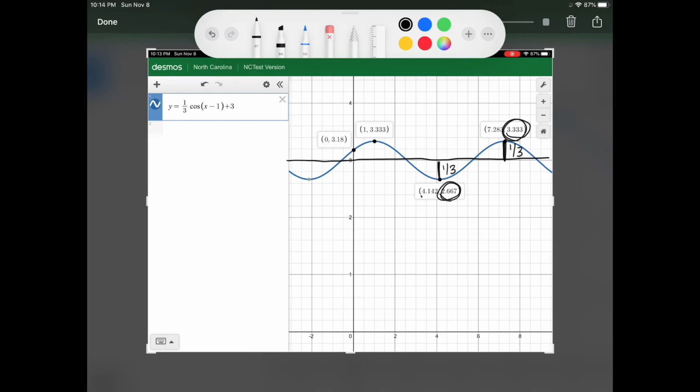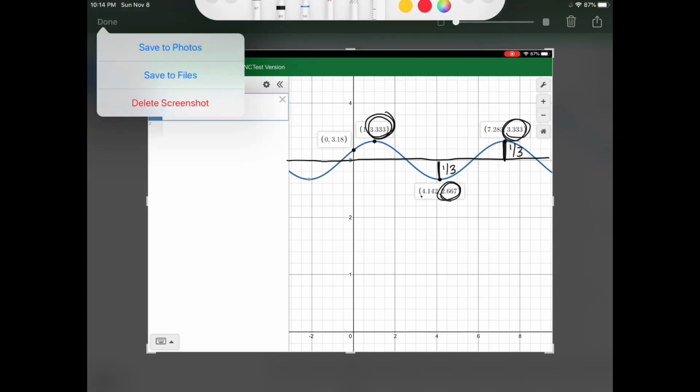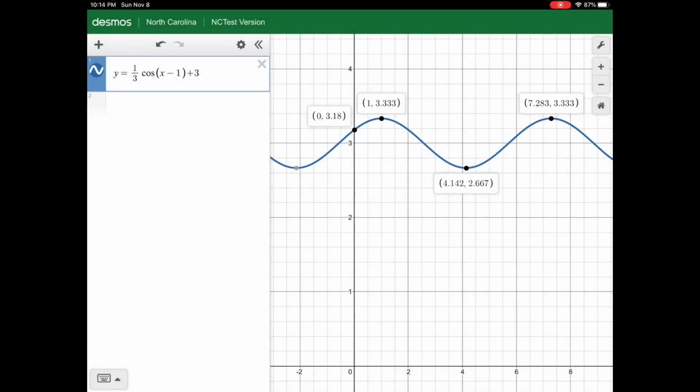All right, so our maximum is going to be 3.33 if you want to round it, or we could do 3 1/3. And my minimum is going to be 2.66, or we could do 2 2/3. I'm okay with you rounding. The only thing is if you actually have to create equations later on, you're going to really want to use those exact values. All right, so we have 3.3 repeating, and we have 2.66 repeating.